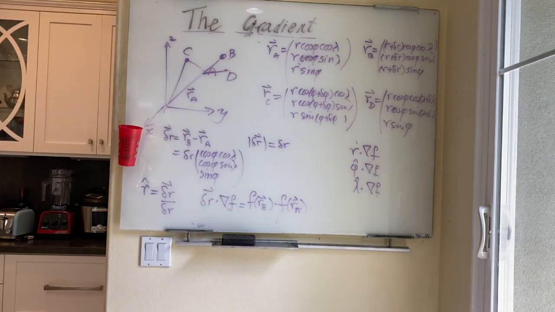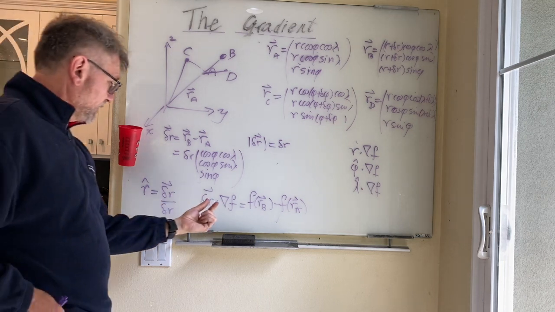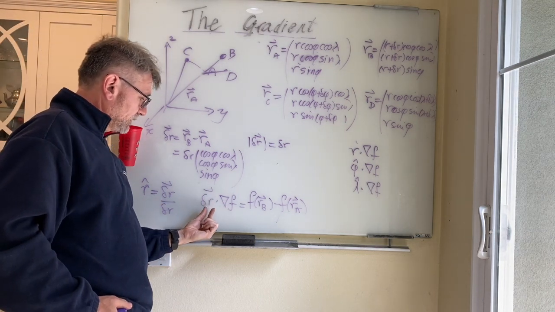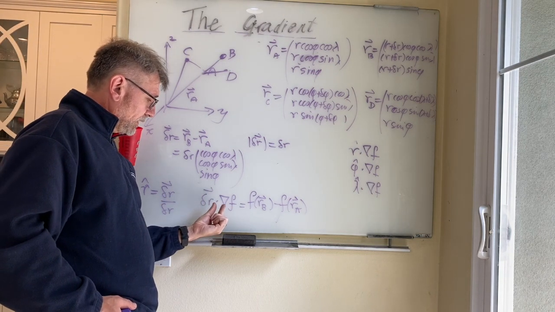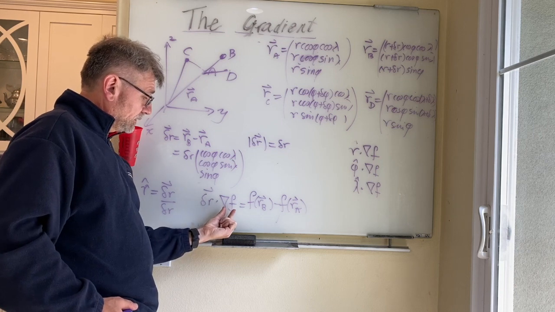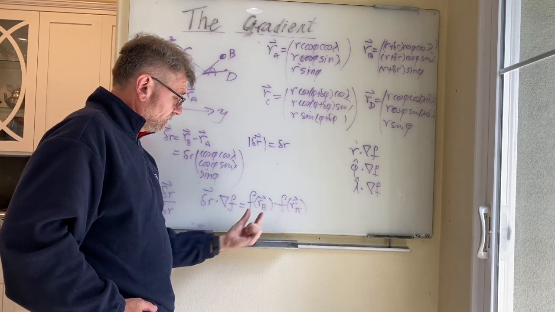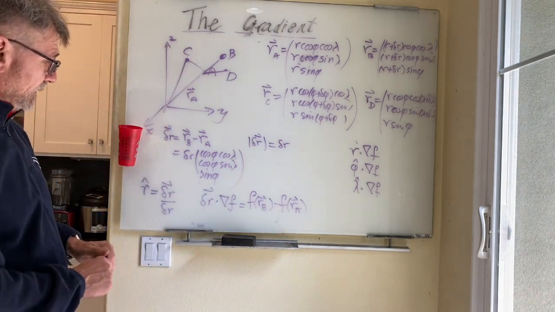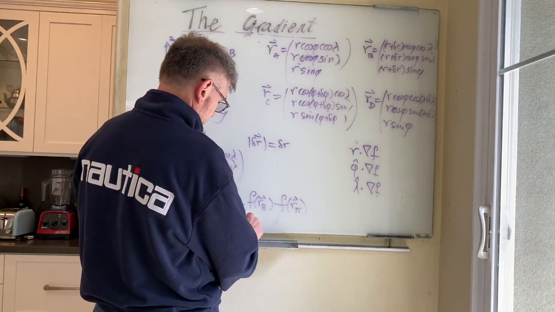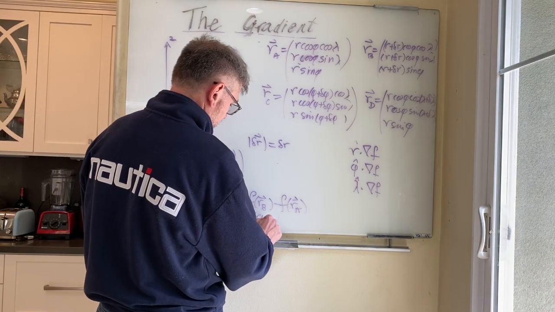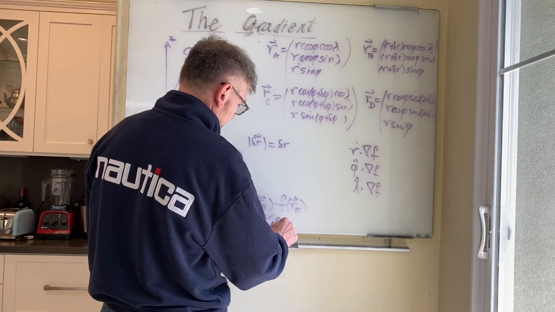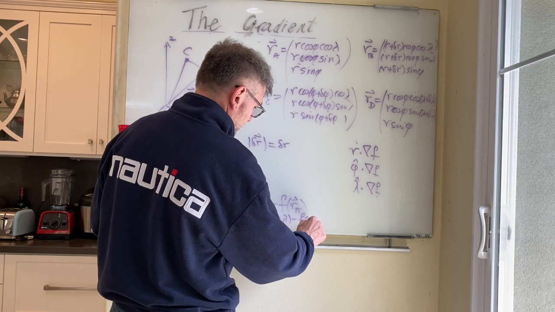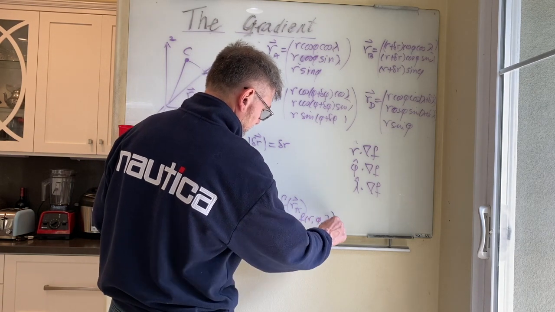That's the property of the gradient: for small increments, if you take the dot product of that delta r with grad f, you just get the difference of the value of the function. That will just give me f at r plus delta r, phi and lambda, minus f at r, phi and lambda.